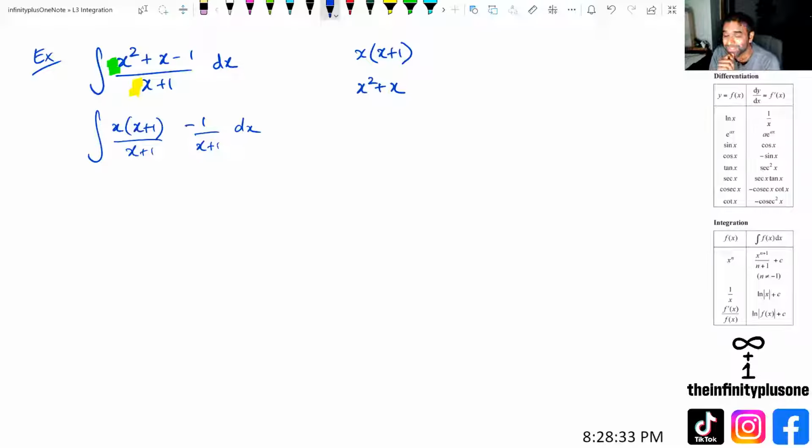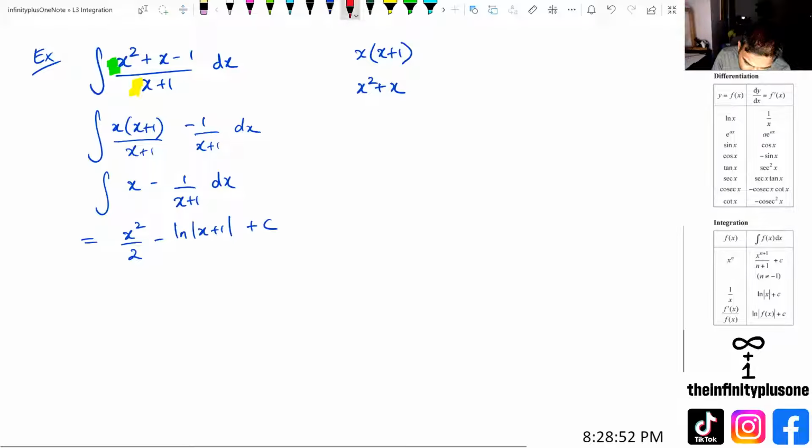I don't know what else to call it, Lauren, but I think it's going to work. In this case, it's going to work because we're going to get x minus 1 over x plus 1 dx. So when we integrate this, we're going to get x squared over 2 minus ln of x plus 1 plus c. Of course, don't forget to divide by 1, which is not necessary, but it's just good practice.